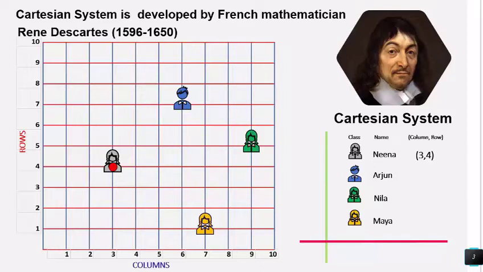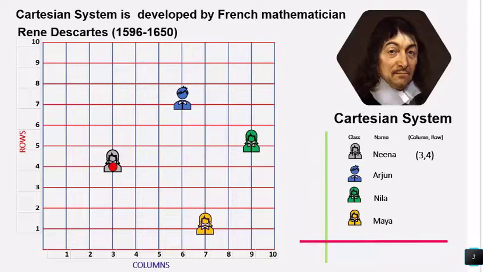Another example, say if the teacher wants to pass a message to Arjun through the school attendant. The teacher would give Arjun's coordinates as 6, 7. How will he find Arjun's position from this?